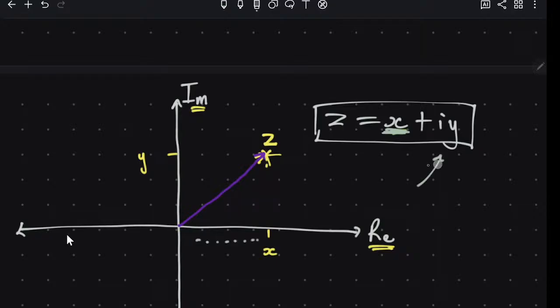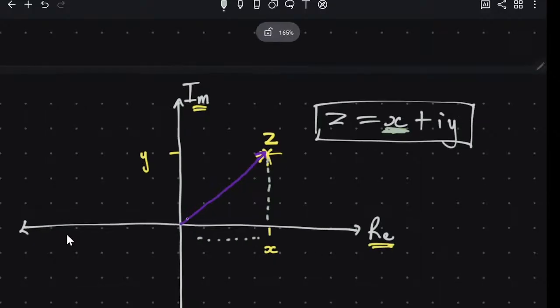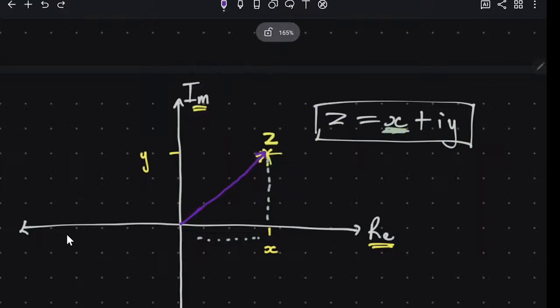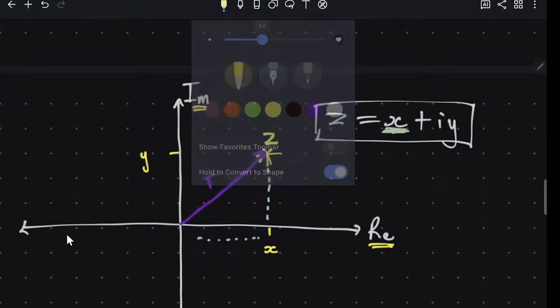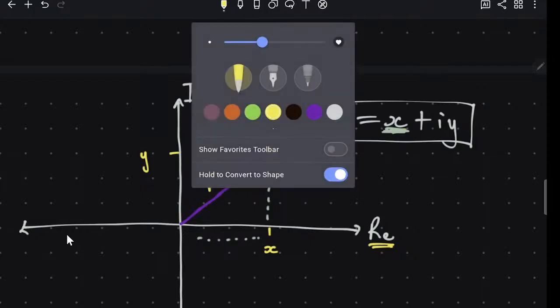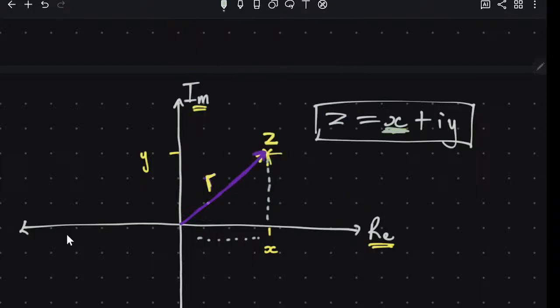Instead of telling you x, then how much to move y, we can tell you how much to move straight from the origin, to say, hey, from the origin, move 5, whatever the steps. This is called r, which is the straight distance from the origin to z. But for you to be perfect, you must also tell us at what angle, theta.